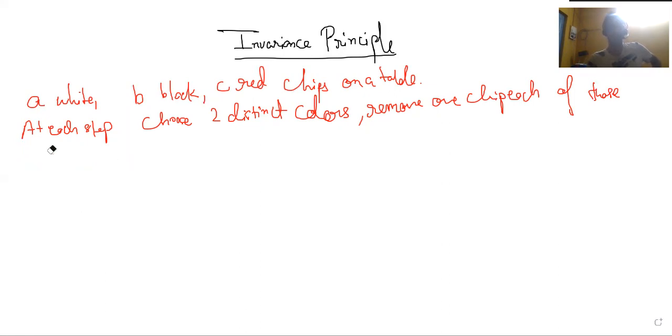I always want to do simpler versions, and I think this will be simpler. And add one chip of the third color.